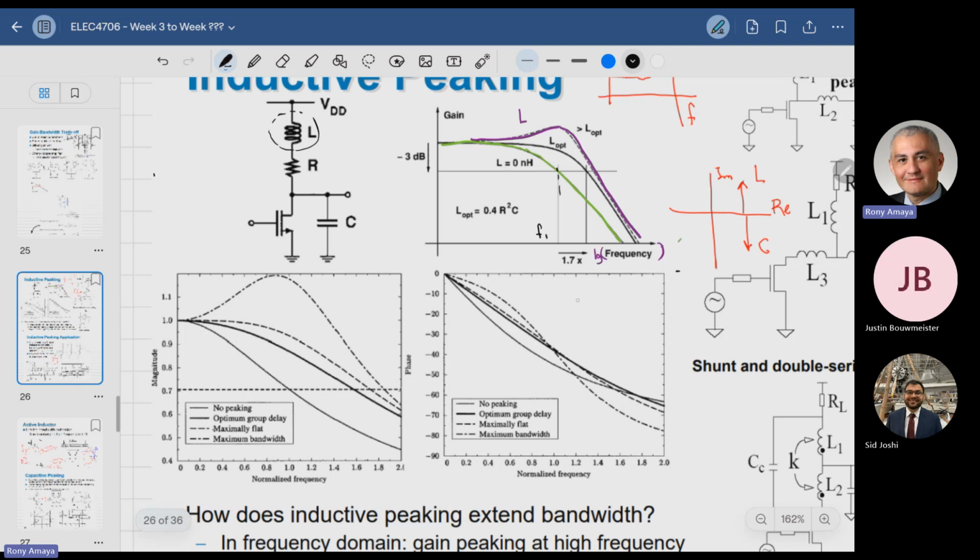Just think about it. We're improving it by a factor of 1.7x. It's a lot of frequency. 1.7x means that if I have 100 gigahertz of bandwidth in an amplifier, inductive peaking can get me to 170. That's massive. The same process. I don't have to pay more money. I don't have to get anything faster, just by adding an inductor.